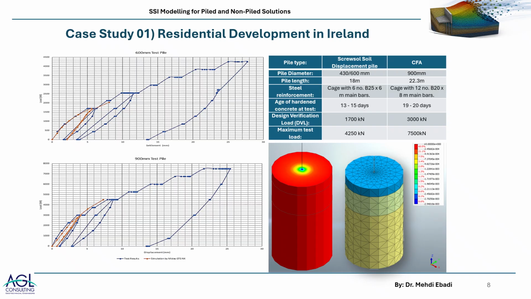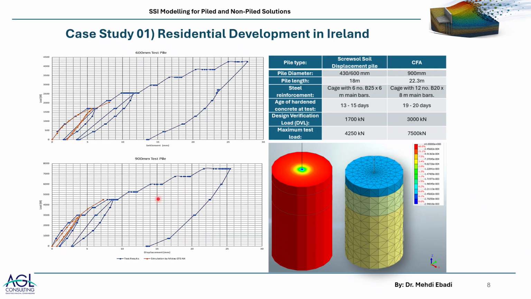The load applied to the 600 mil pile was up to 4,250 kilonewtons, and it was a cyclic loading and unloading. As you can see here, this is for the 600 mil. The dark blue dots show the test results.